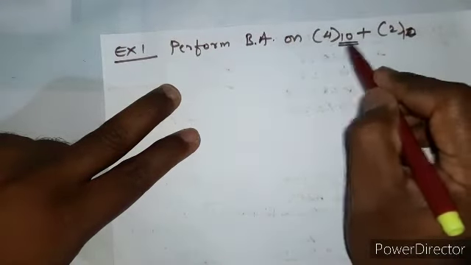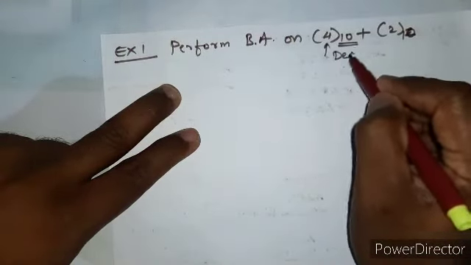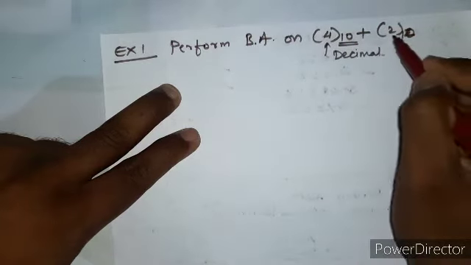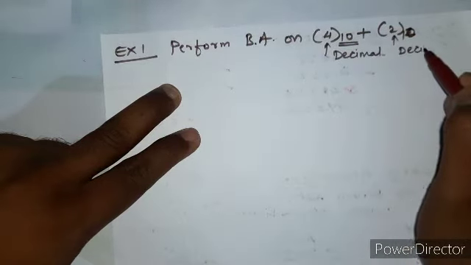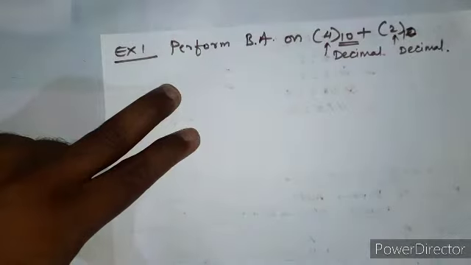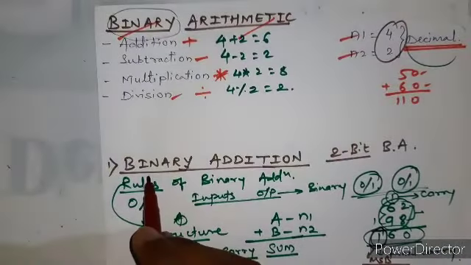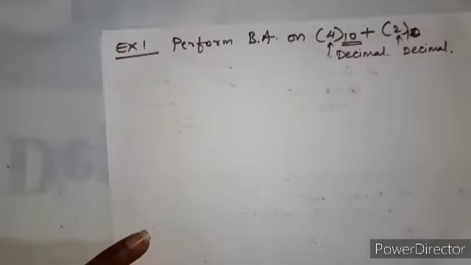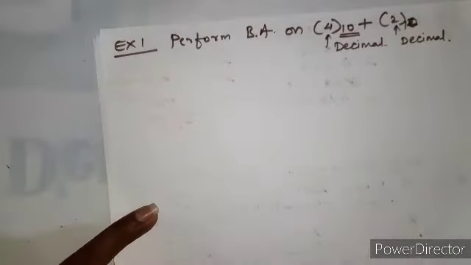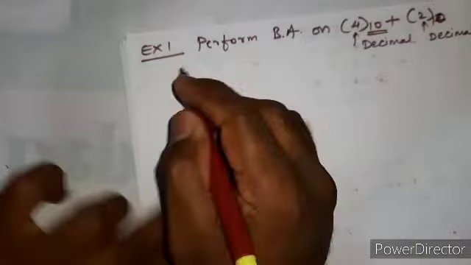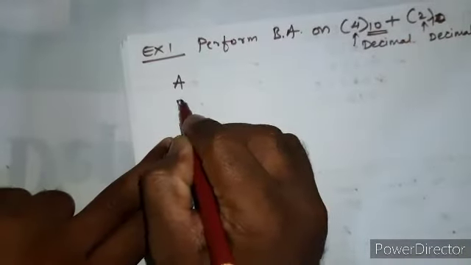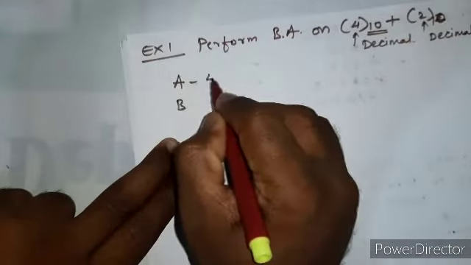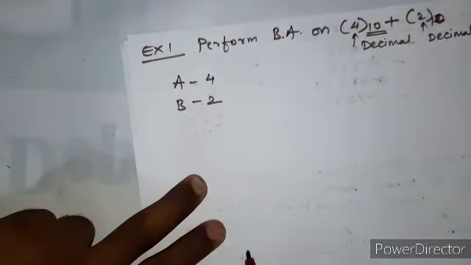Here 4 is decimal, and this 2 is also decimal. And since we are looking for binary addition, the first step is to convert the given decimal numbers to binary. So I can say A and this is B, so this is 4 and this is 2.